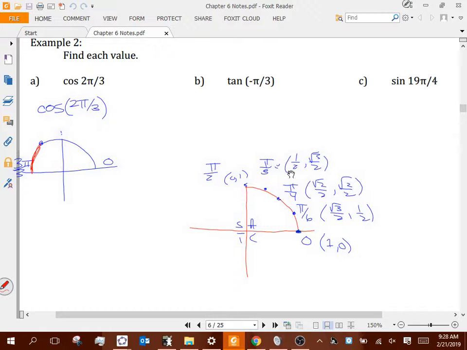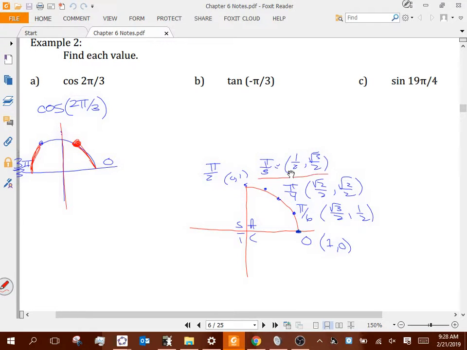So my reference angle is pi over 3, meaning if I reflect across that line, that distance is going to go to right there. This red point is the reference point that tells me something about my blue point. They have the same coordinates, don't they? But one of them is positive and one is negative over here in the second quadrant. Okay, so pi over 3 is my reference angle.